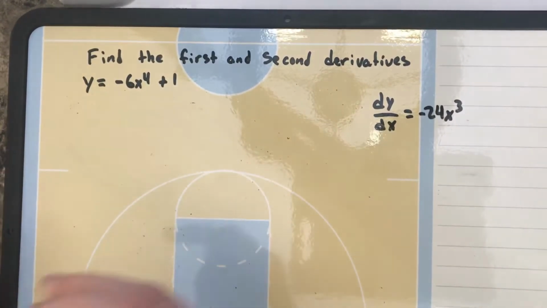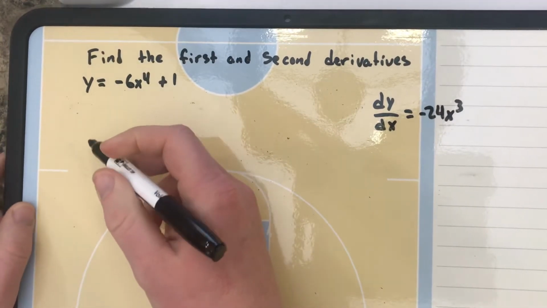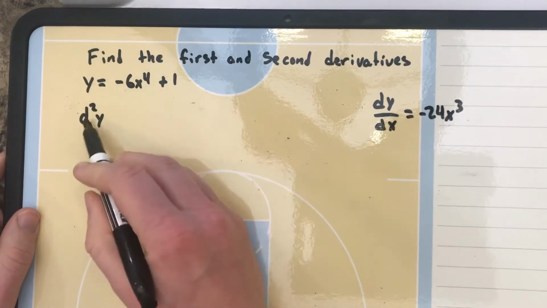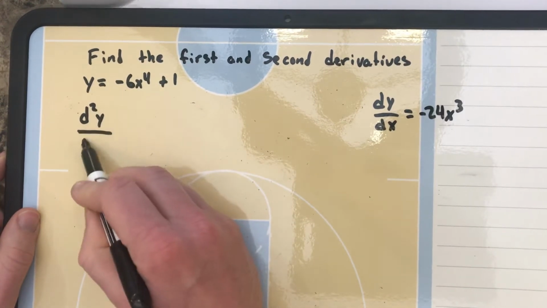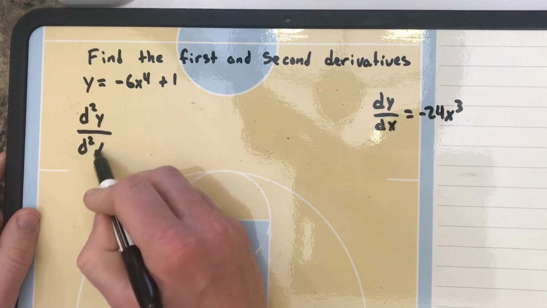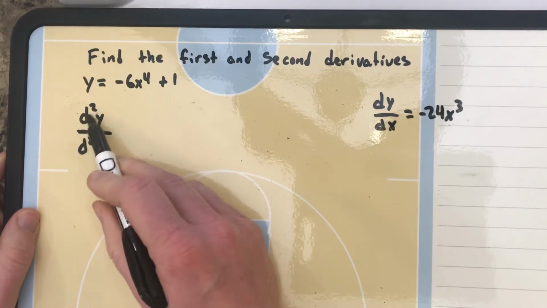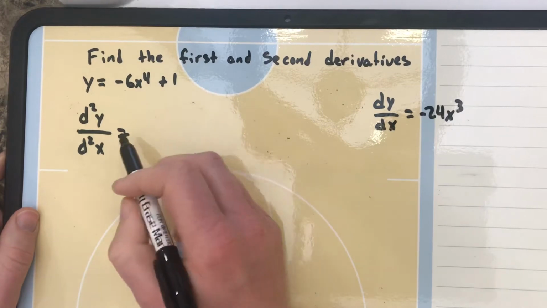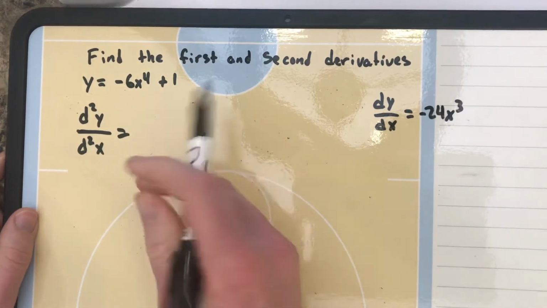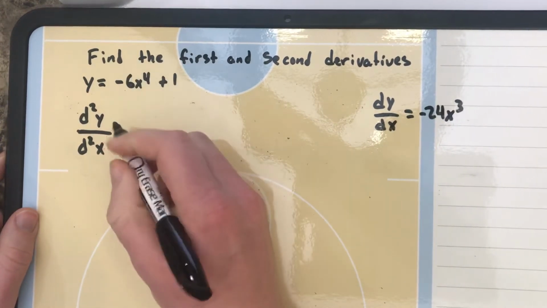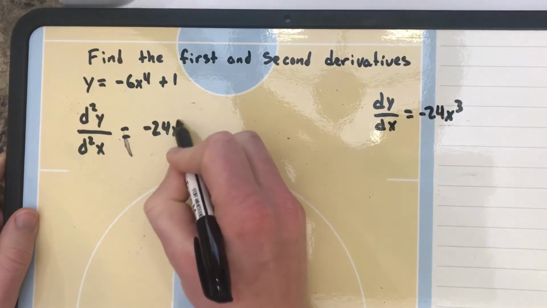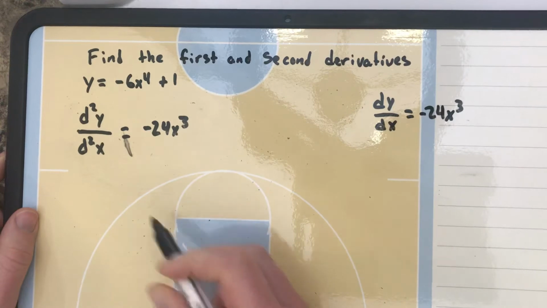If we want to find the second derivative, we're going to write that as d squared y over dx squared equals, and we're going to plug in negative 24x cubed here and take that derivative.